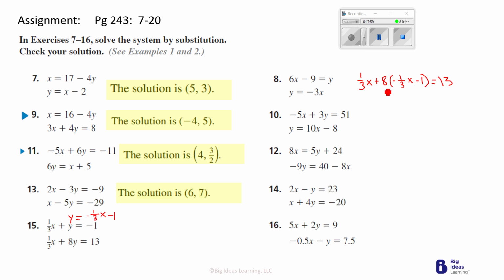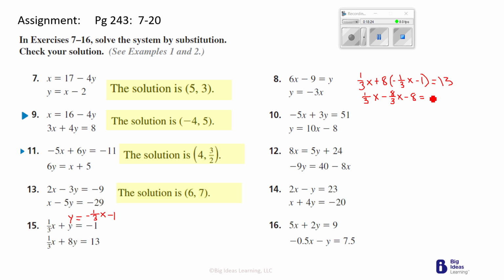Okay, let's work this. Now the 1/3 x comes down. 8 times negative 1/3 will be negative 8/3 x. And then 8 times negative 1 will be negative 8.